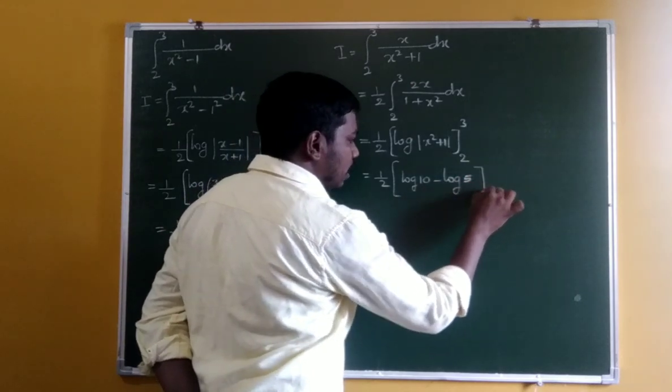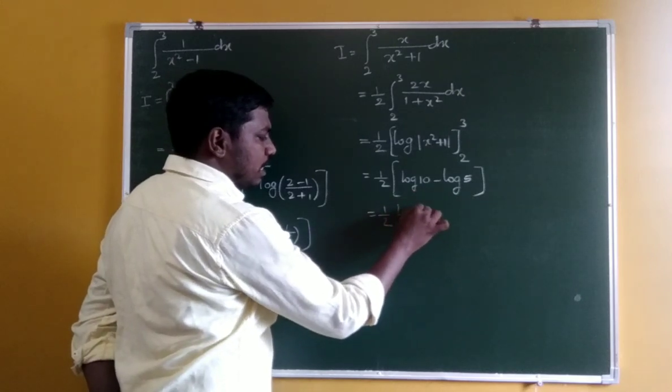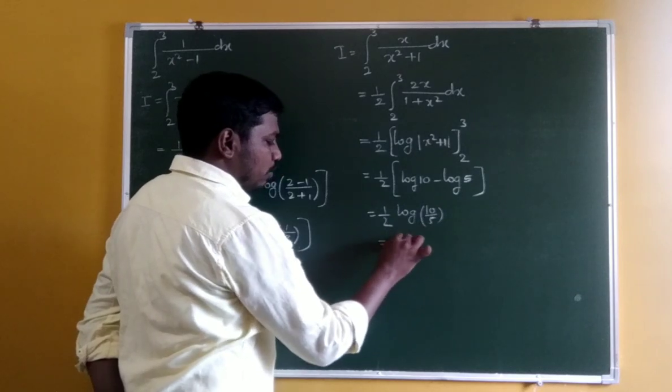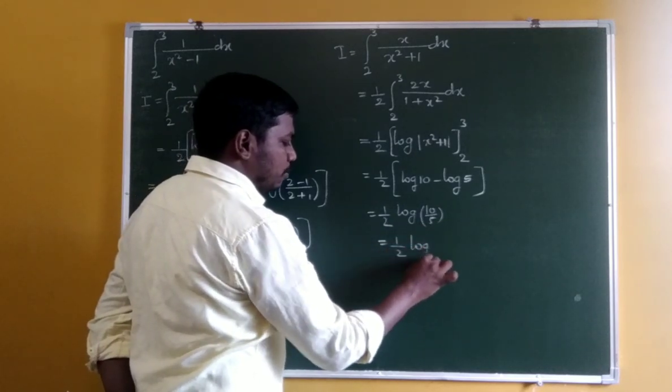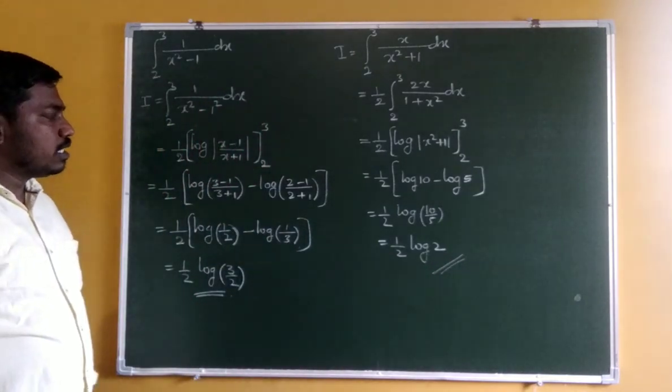So 1 by 2 into log m minus log n is log 10 by 5, which means 2. So 1 by 2 into log 2 is the required answer.